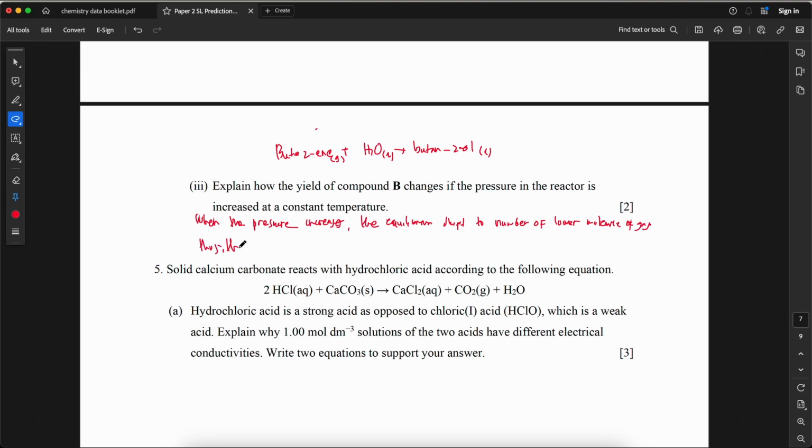Thus, the equilibrium shifts to the right, then increases the yield.